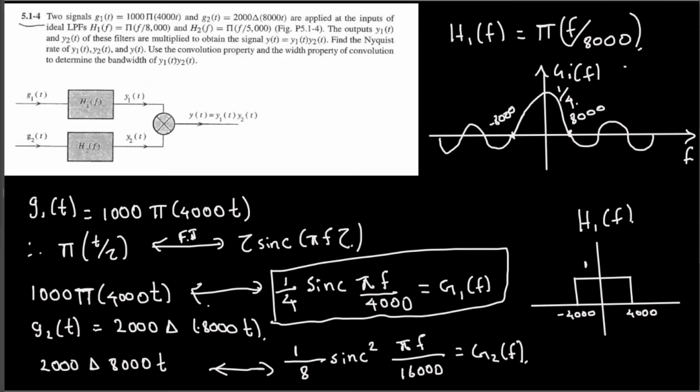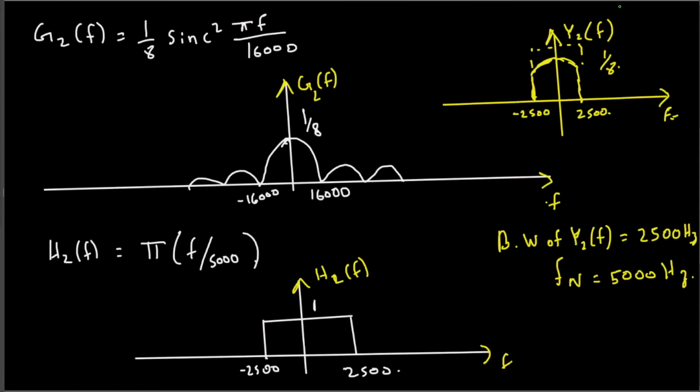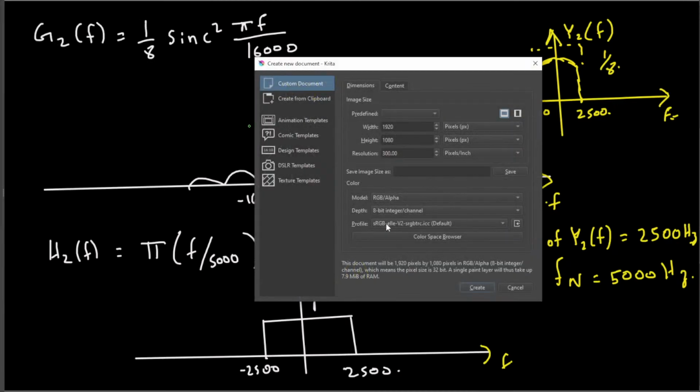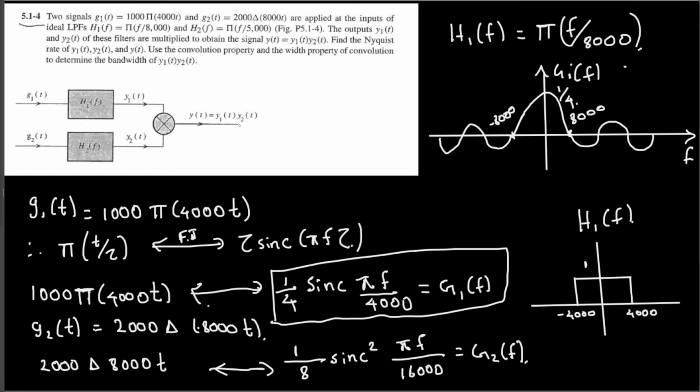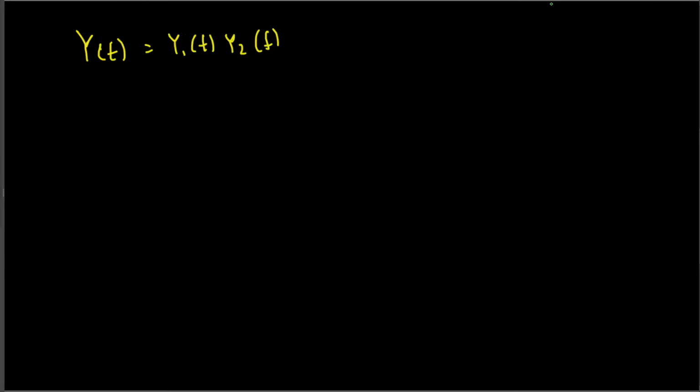Okay, and now we have done the Y1 of t, Y2 of t. Lastly we have to do Y of t. Let's do that. Y of t is equal to Y1 of t multiplied by Y2 of t. Okay, but this is in the time domain. When you multiply in the time domain, that's convolution in the frequency domain.